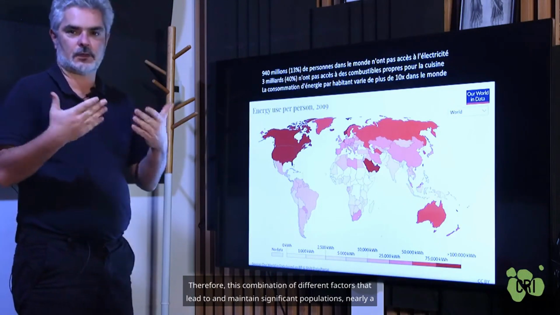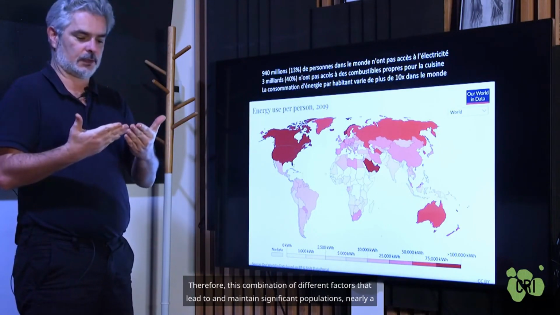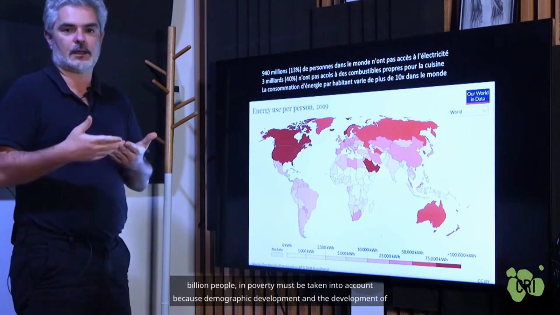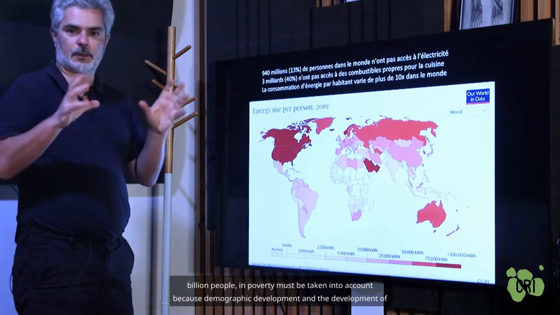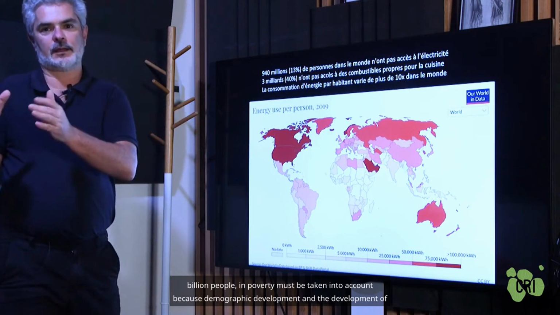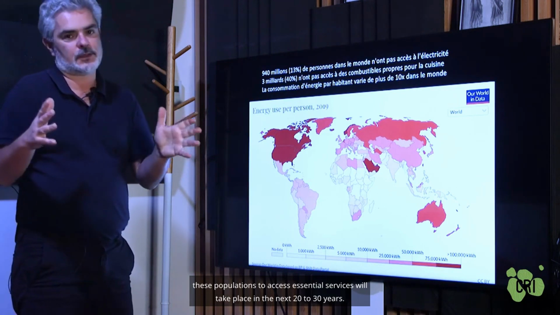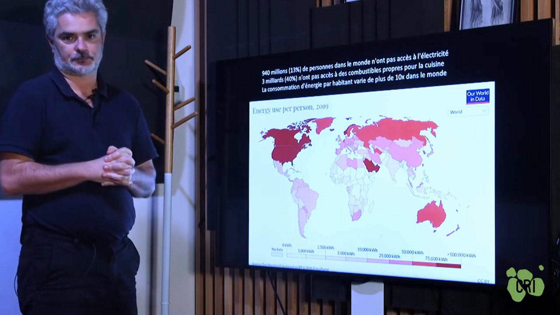Therefore, this combination of different factors that lead to and maintain significant populations, nearly 1 billion people in poverty, must be taken into account because demographic development and the development of these populations to access essential services will take place in the next 20 to 30 years.